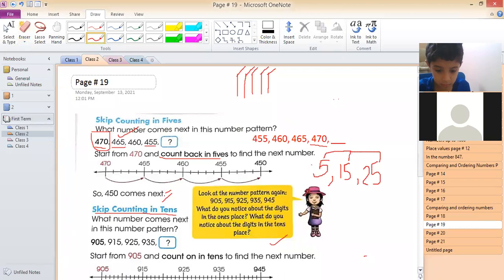Here it was 0, then 1, 2, 3: 35, 45, 55, 65, 75, 85, 95. So whenever you are counting in tens, the place of the ones will always be the same. It will never change. Only the tens place will change, and you will change the tens place by counting it by ones. Am I clear, guys?